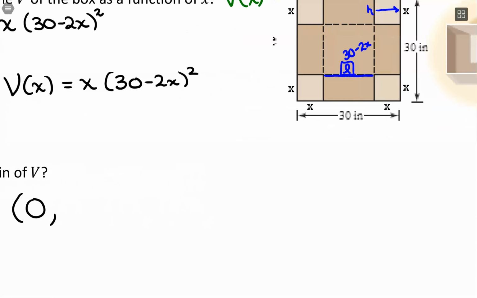And then, so we have these two sides that are the same, but a total length of 30. So if you imagine I went all the way to 15. So I had 15 and 15. Well, then I wouldn't have anything for folding up the box. It would be this kind of space of 0 between the two. So we don't want 15, but anything less than would be fine, like 14 inches would be fine.